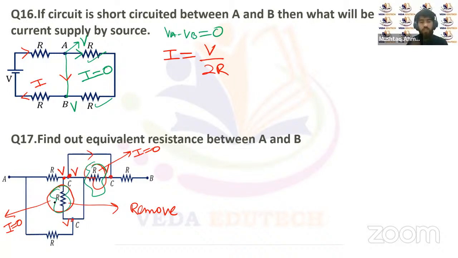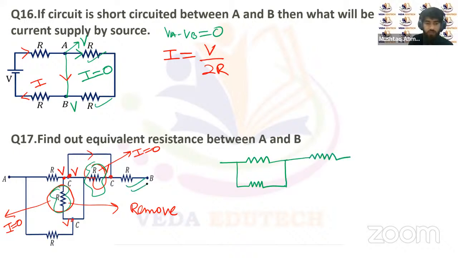We'll be left with the circuit as this is the resistor, and we'll be left with this resistor, right?